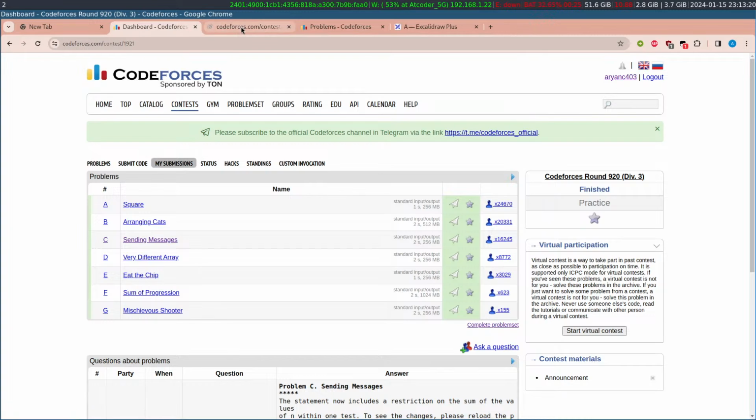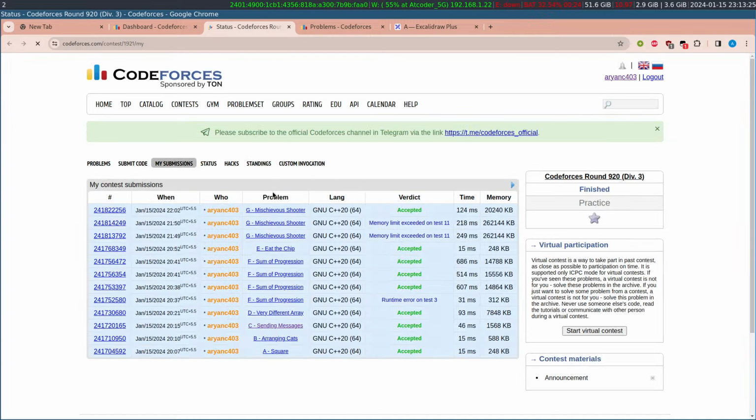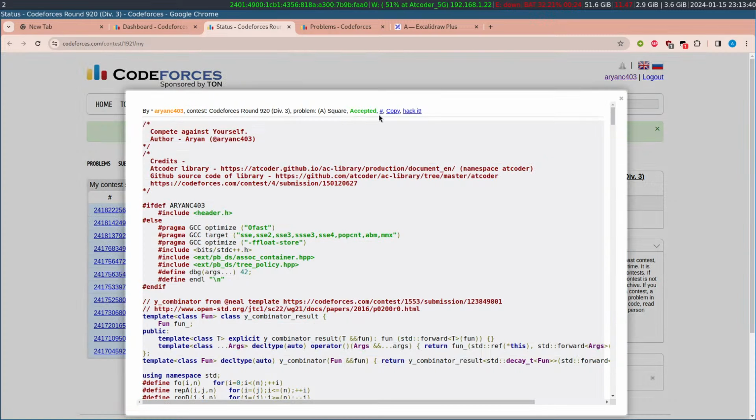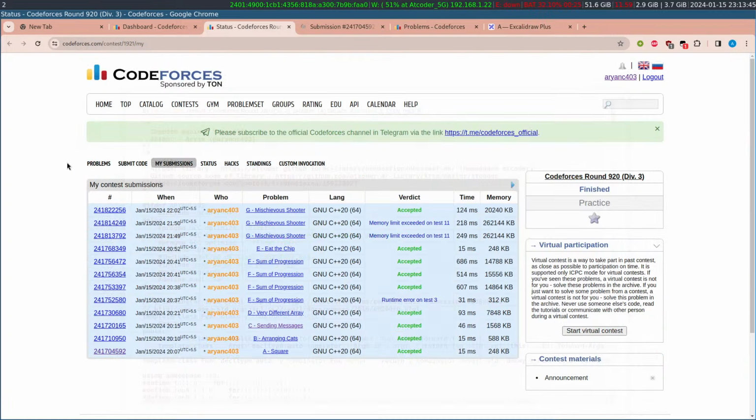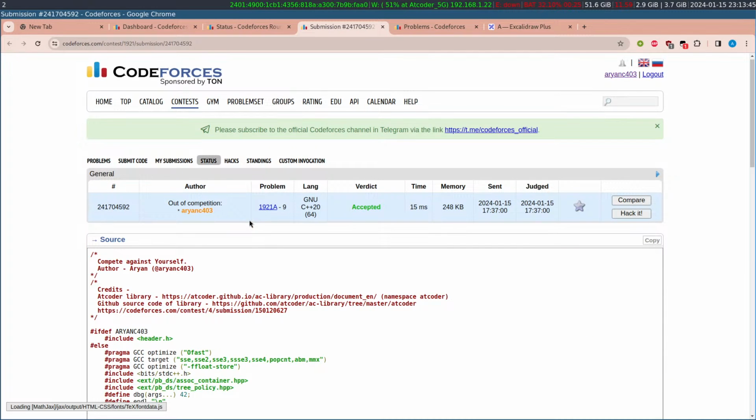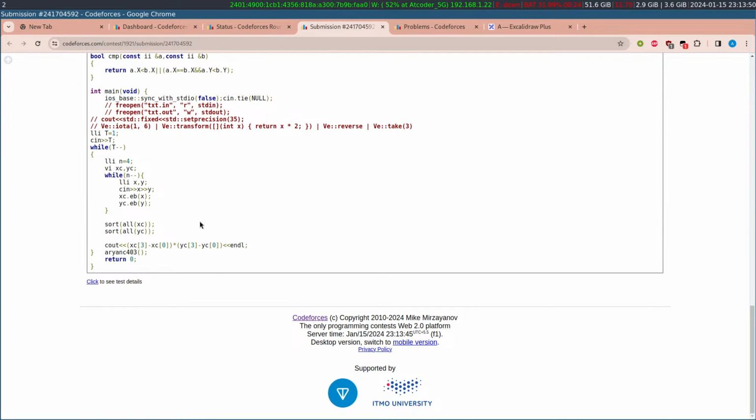So looking at the code, for finding the length, we can take the difference of the minimum and maximum x coordinates, and for finding the other side, we can take the difference of the minimum and maximum y coordinates. In the code, I created two vectors, xc and yc, for the x coordinates and y coordinates.